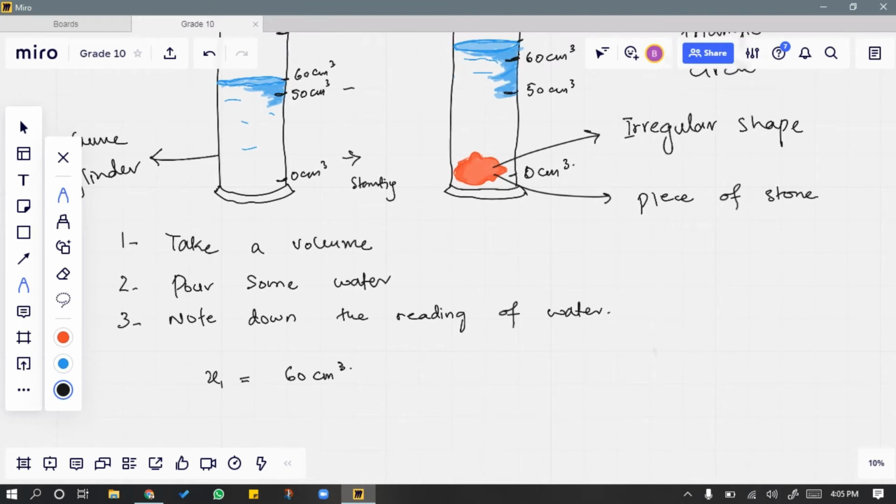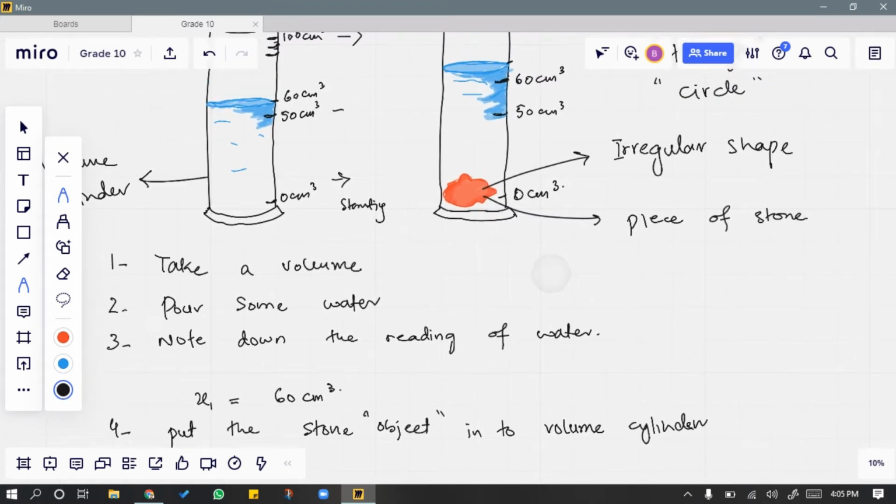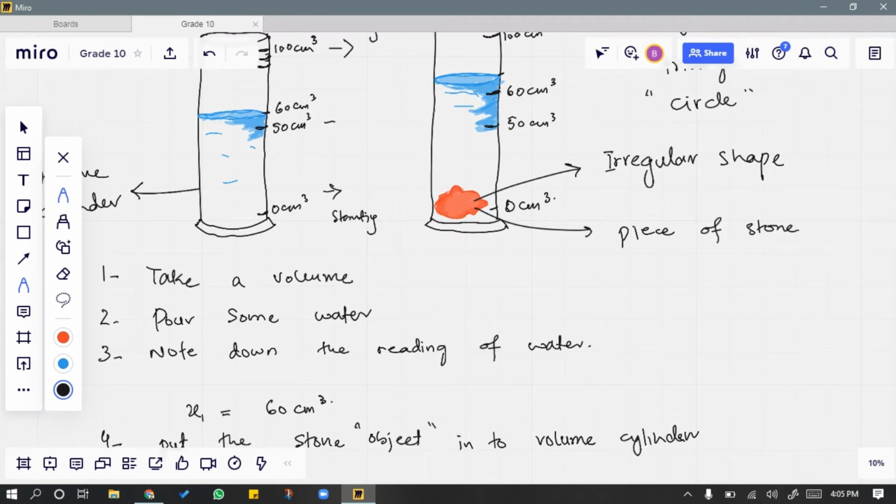Now your fourth point: what we have to do is put the stone or object whose volume you want to find into the measuring cylinder. After putting it in, you can see there is an increase in the water level.